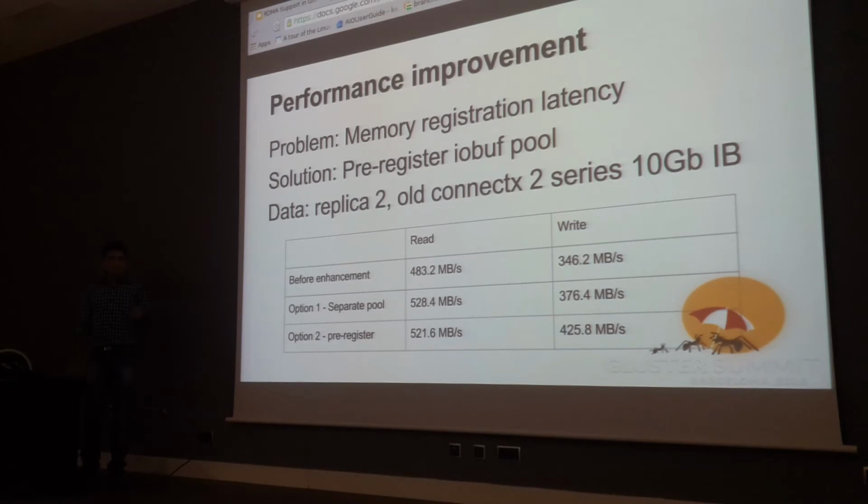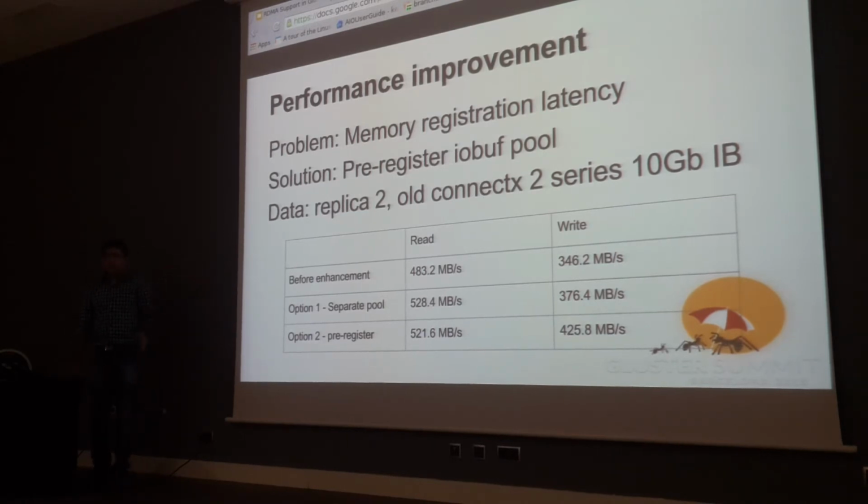So Ravi, when he was working on this and getting numbers to measure the change in performance after all the work was done, realized that we were not performing well with writes. Before the enhancement was done, but after all bug fixes were done in RDMA, we saw that write would be around 346 MB per second, and this was on a 10 gig IB device with replica 2.